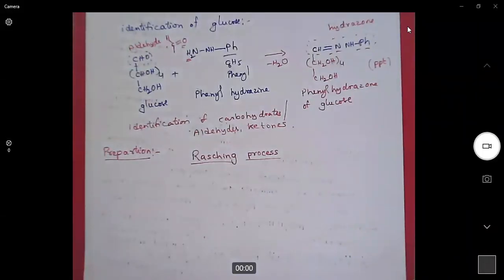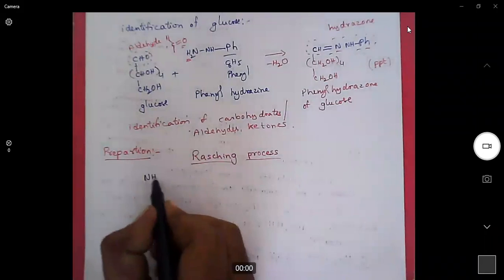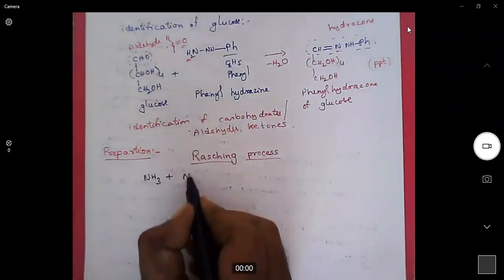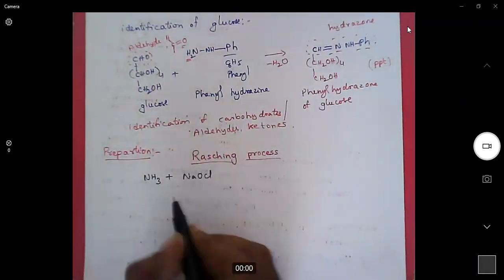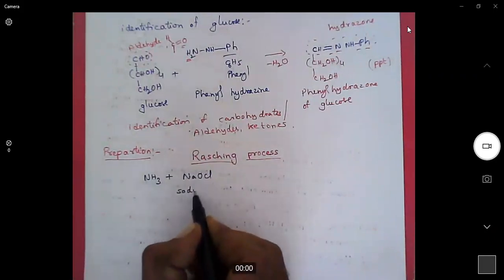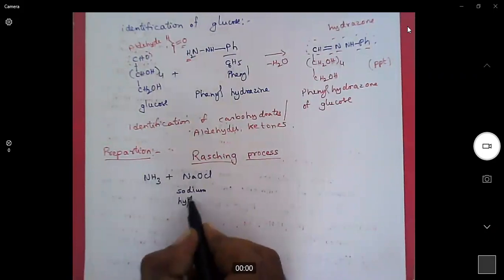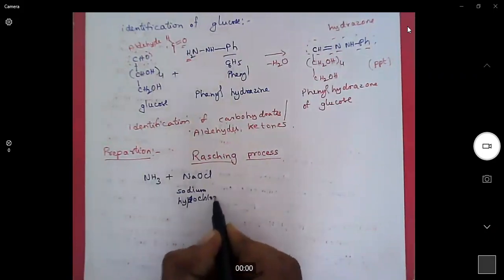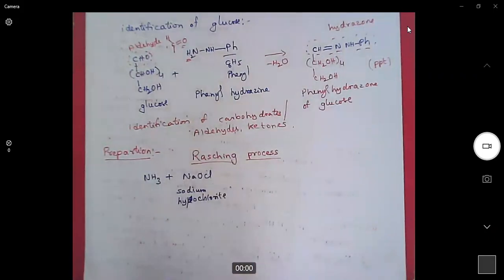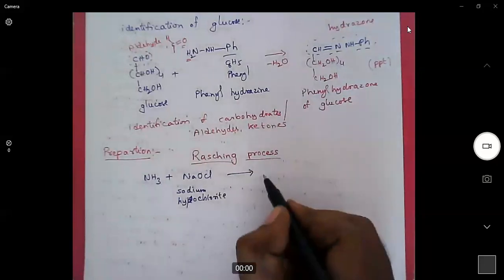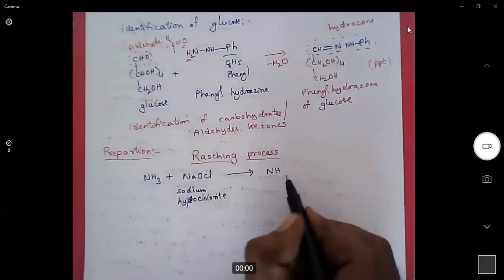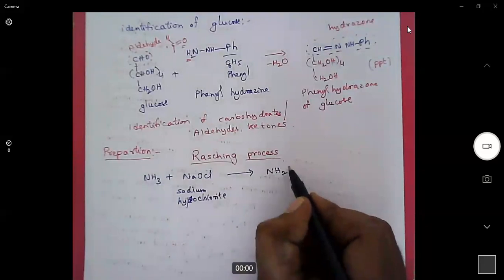Hydrazine is generally prepared by the Raschig process, where we treat ammonia with sodium hypochlorite. When we treat ammonia with sodium hypochlorite, in the first step, it generates chloroamine.